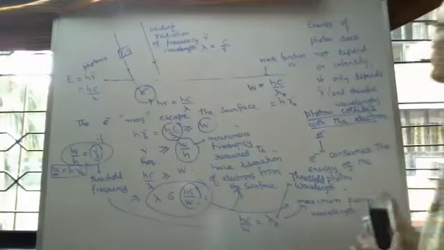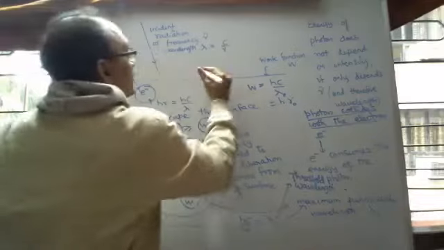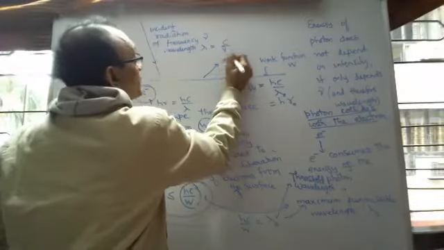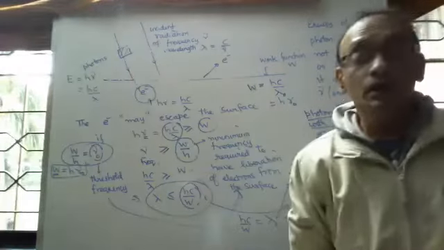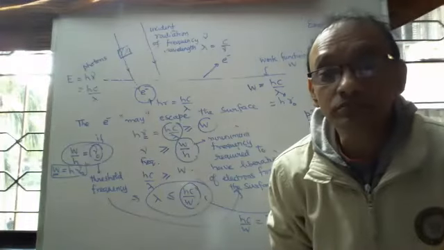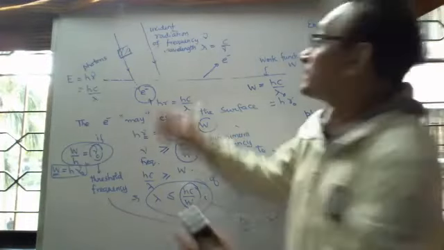incident. Every electron that is emitted, अब ये इलेक्ट्रॉन क्यों एमिट हुआ? Not because of thermal energy, but because of energy of the incident beam.